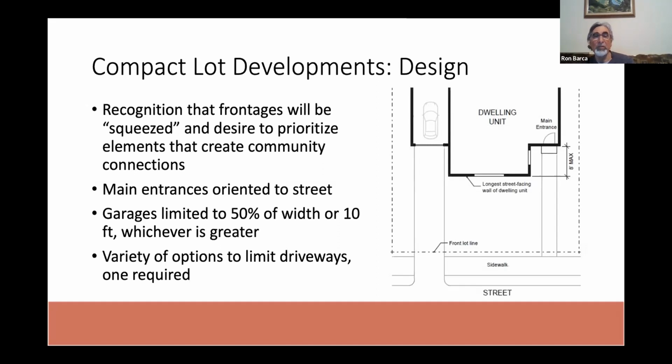Variety of options to limit driveways. I'm not sure that we know why we're limiting them well enough to be able to explain it.